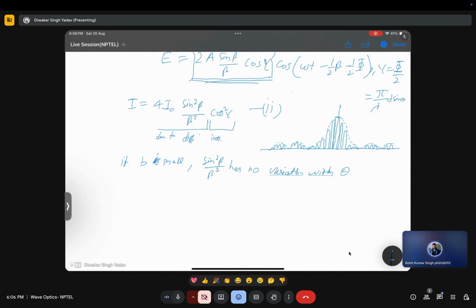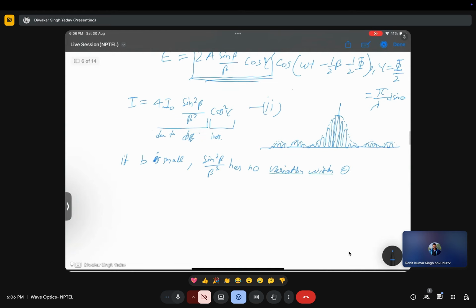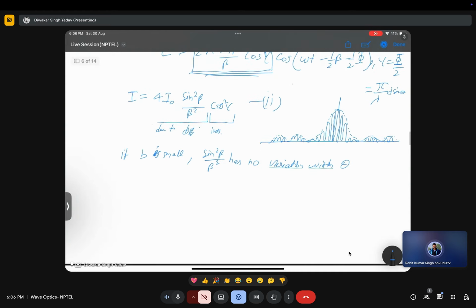So that's how you can understand how this two slit diffraction is. Basically, this is a general case of interference. So interference is a special case of this two slit Fraunhofer diffraction in this way. And similarly here you can get the minima condition.